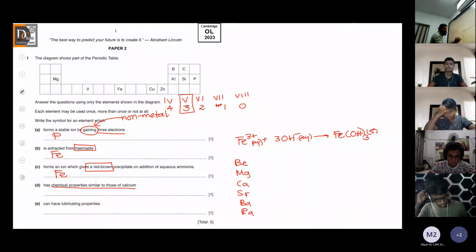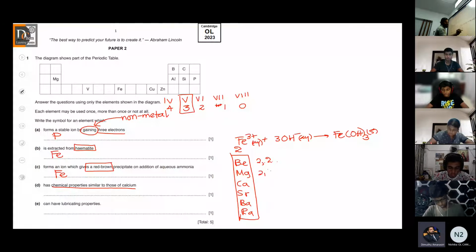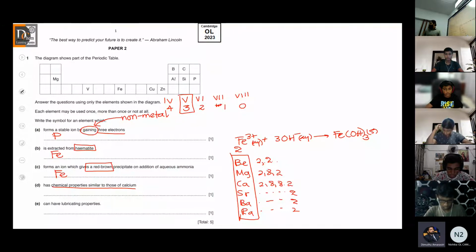We put elements into a group because they have the same number of electrons in the last shell. They will have configurations like 2, 2, this is 2, 8, 2, this is 2, 8, 8, 2. You don't need to write the configuration, but finally they have 2 electrons in the last shell.